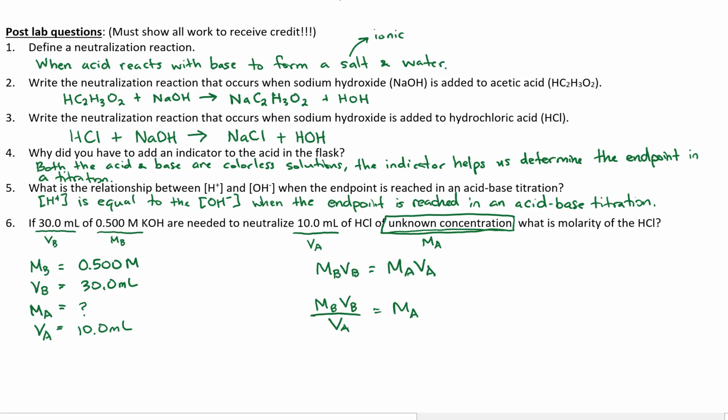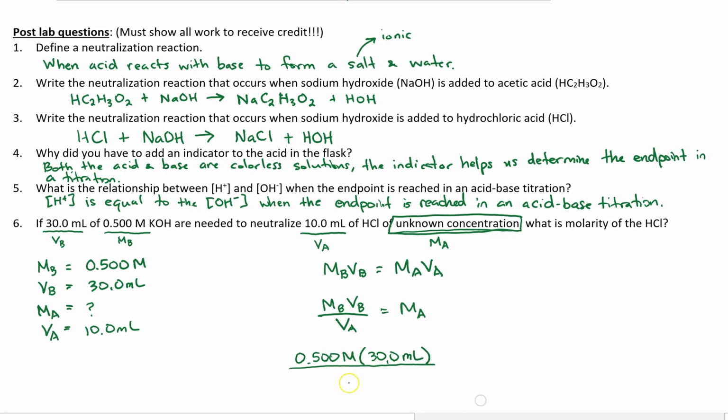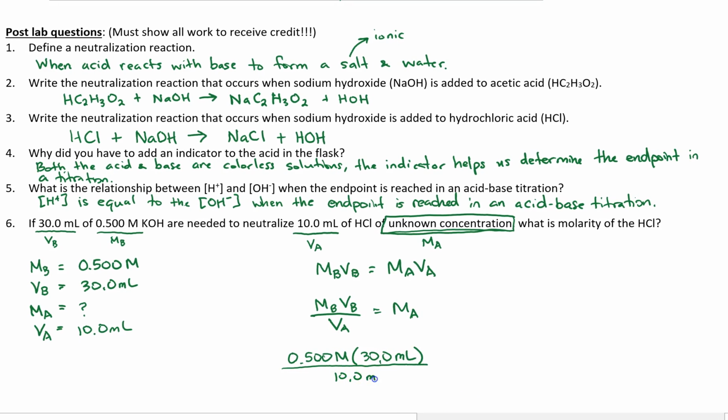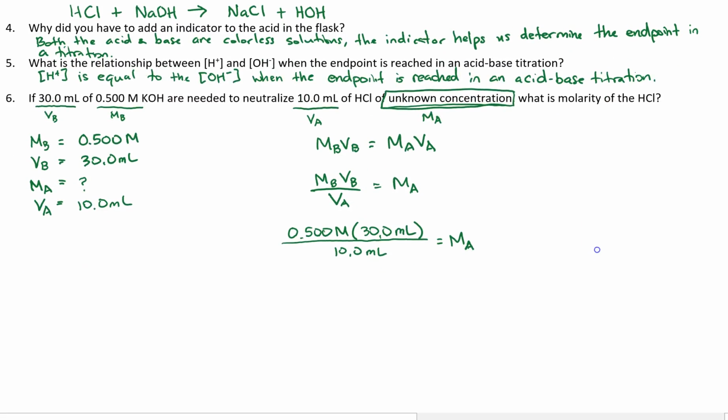Substituting our values, y'all. So once we plug this into the calculator, 0.5 times 30 divided by 10, we get 1.50 molar for the concentration of my acid.